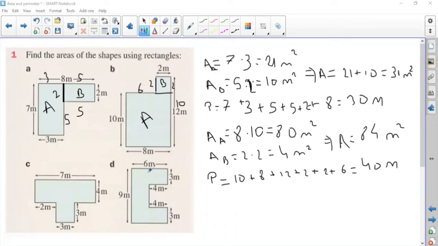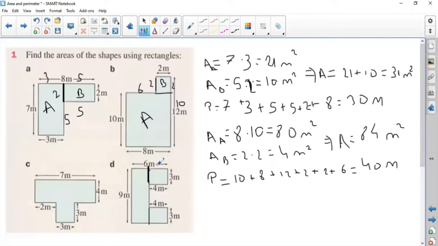Let me divide it here and here. So I will form 3 rectangles, one here, one here. So the dimensions: this one is 4, because I have to find this side for this rectangle.